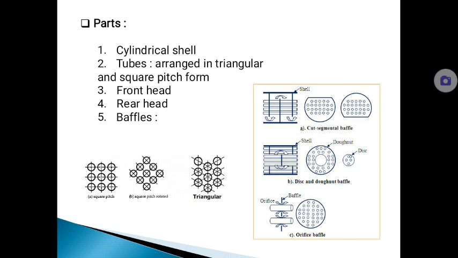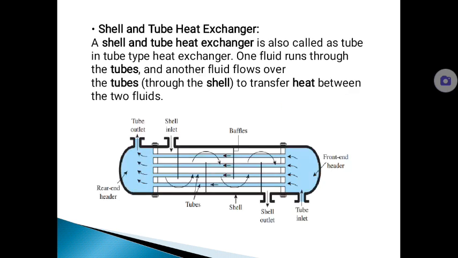Now baffles. Here at the middle portion of these tubes, baffles are provided. So what is the function of baffles? Whatever fluid is coming inside the cylindrical shell, we have to increase its velocity. So for increasing the turbulence as well as the velocity, we need the baffles.